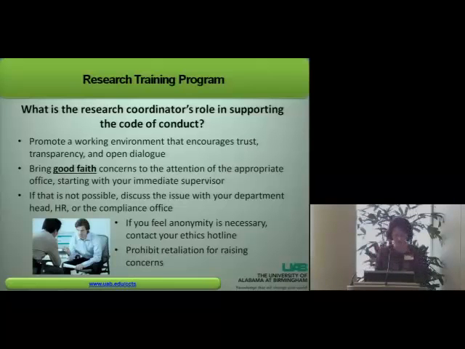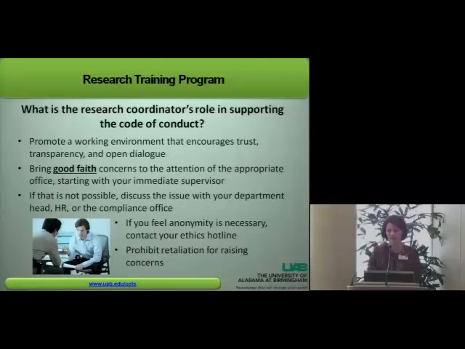First and foremost, research coordinators can work to understand what codes of conduct apply to them and fulfill those expectations. In a more general sense, they can also promote a working environment that encourages trust, transparency, and open dialogue, where problems can be raised constructively and addressed as a team. It's important to bring good faith concerns to the attention of the appropriate office.